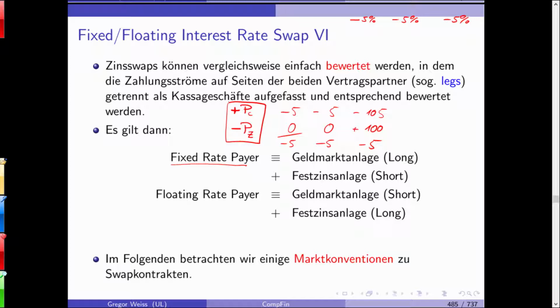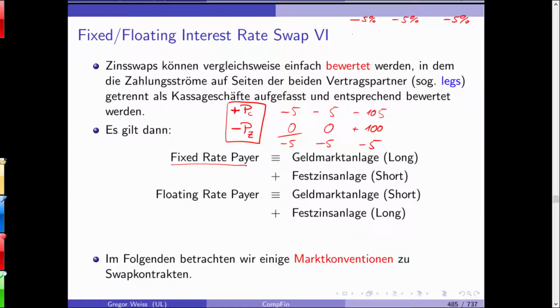I have to be careful here. This is the price of one leg. On this slide, with the Geldmarktanlage and Festzinsanlage, the idea is to price both legs at the same time.